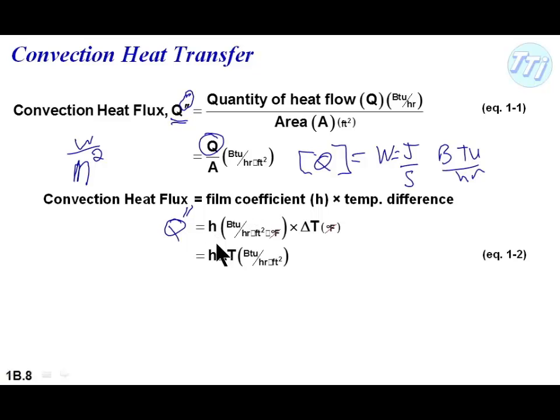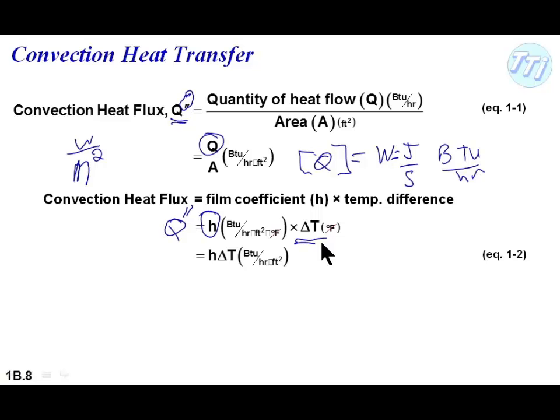And it's just like the conduction equation before, we have this parameter, and in the convection world, we use H. H is called the film coefficient or heat transfer coefficient. It describes the effectiveness of moving heat from the solid to the fluid. And then, of course, we have the temperature difference that drives that.